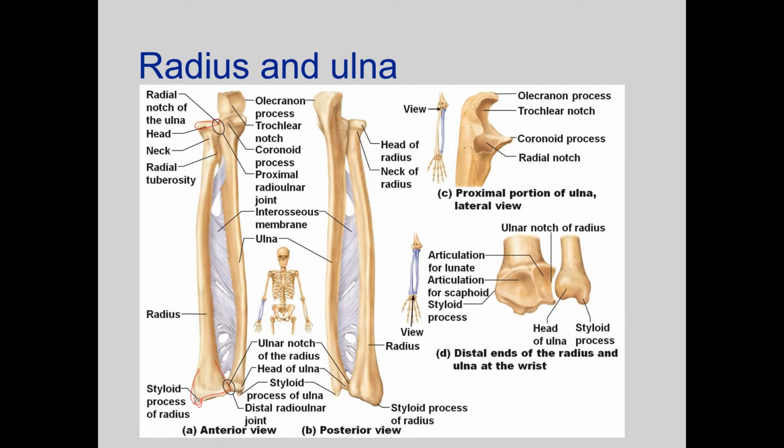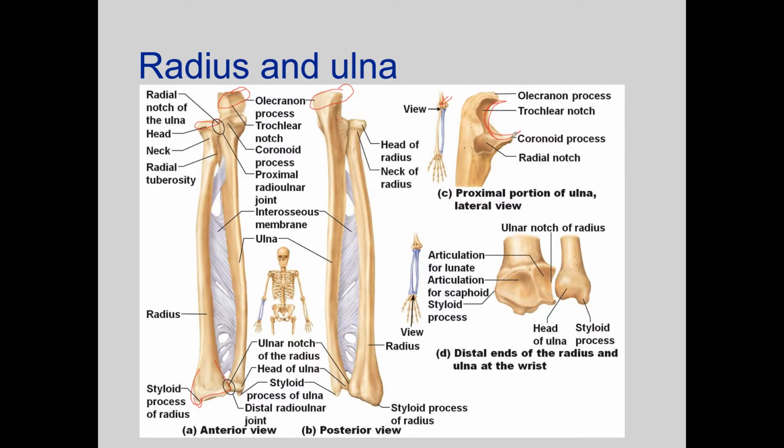Styloid means pen-like. The ulna has this very prominent U-shaped or cup-shaped proximal end, and that is one way you can try and remember it. So ulna, U for ulna, this is a sideways U. So the olecranon is the top part of the ulna, and that articulates with the olecranon fossa of the humerus.